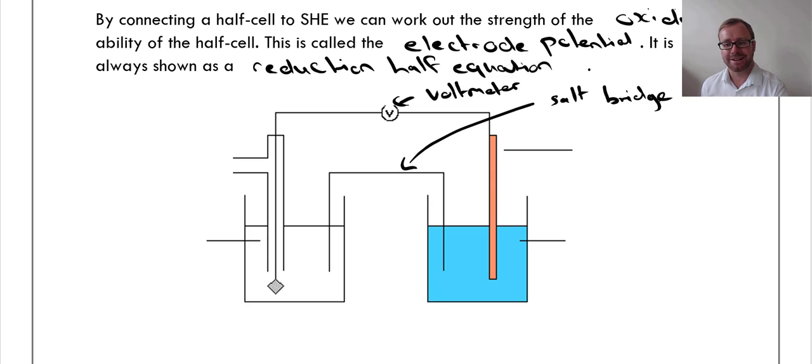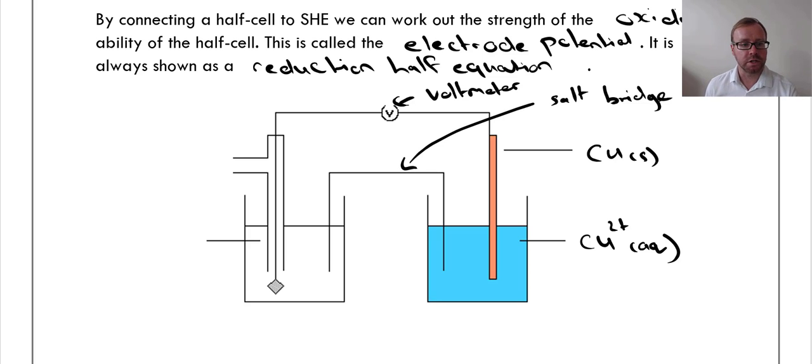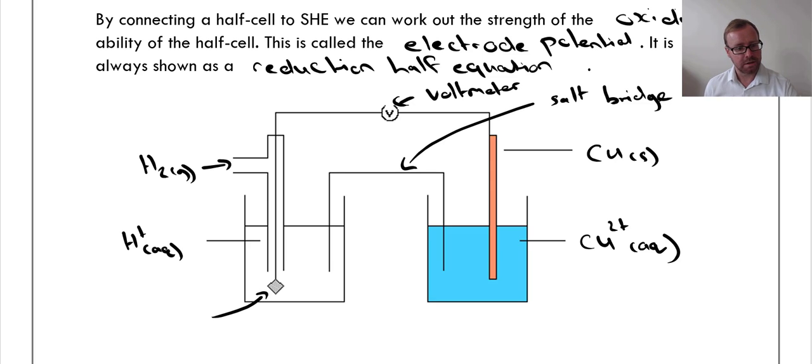If you've got a coloured printed version of this, so this is copper, which means this must be my copper ions solution, and over here must be my standard hydrogen electrode, which means I have hydrogen gas going in here, and I have a solution of H+ ions. Now this is a gas, so that means that my electrode must be platinum.